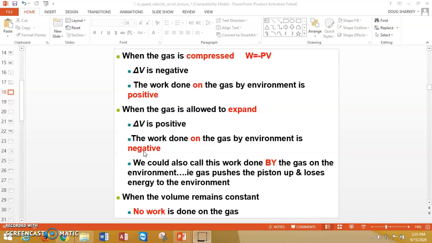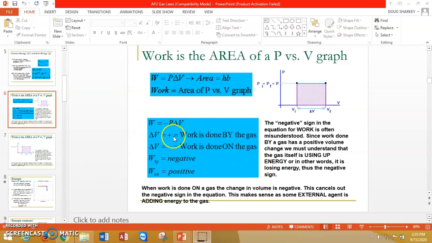Another way to phrase that is to say the gas did work on the environment, or the work done by the gas on the environment. This fits with my previous notes, because when we allow the gas to expand, we have a positive volume change, and positive volume times negative gives us negative work. We could call that work done by the gas on the environment, or work done on the gas by the environment.